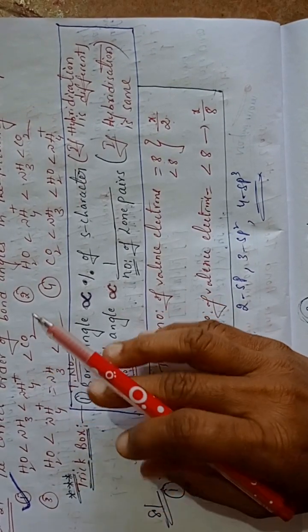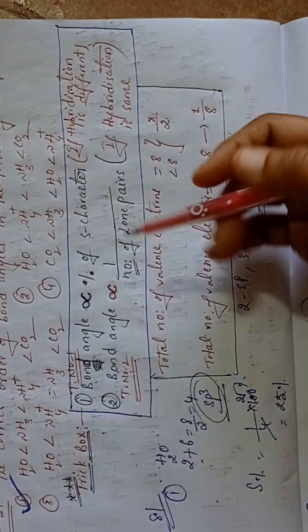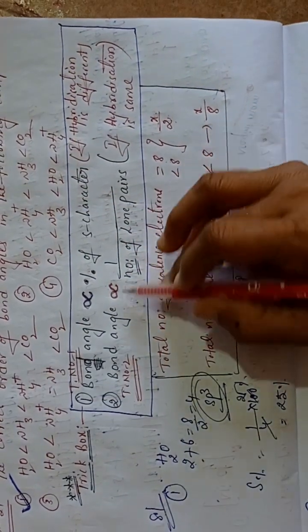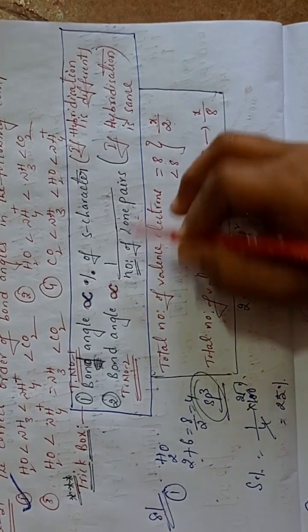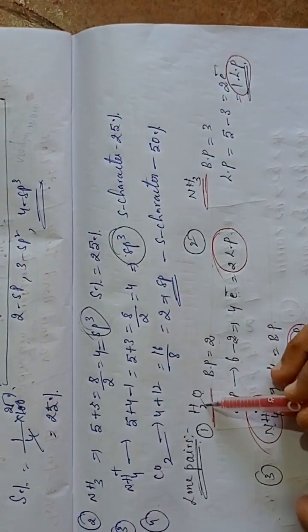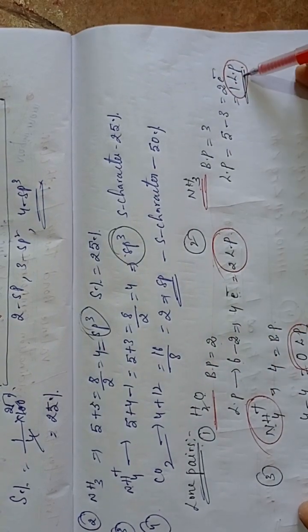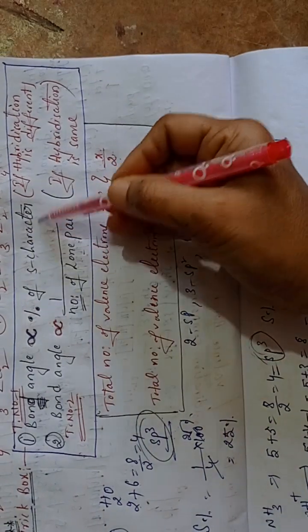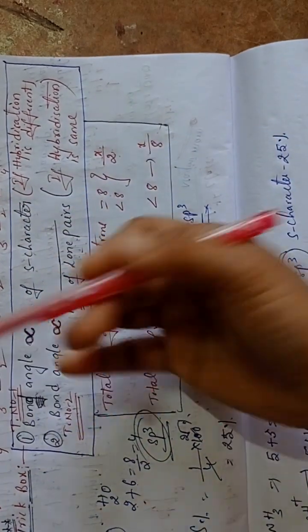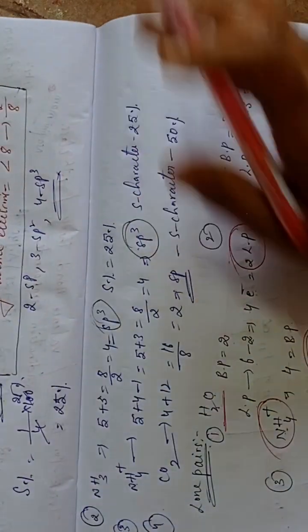Increasing order means small to big. Small to big is nothing but bond angle. Which one has the smallest? Lone pairs more means bond angle is small. So the most lone pairs is water. Next NH3. Next NH4 plus. And the fourth one, because of more s character, it has the largest. So what is the correct option?